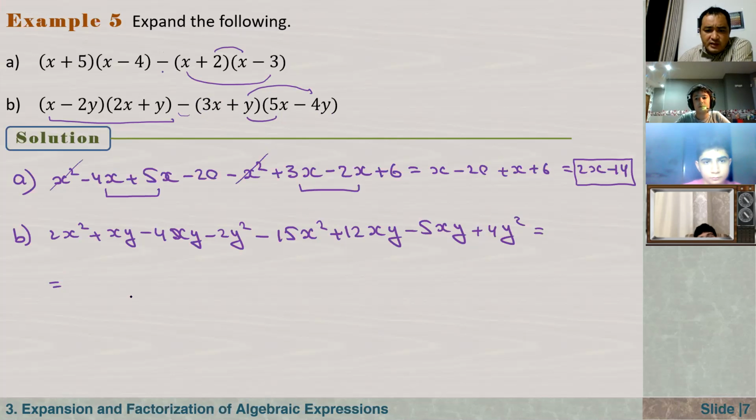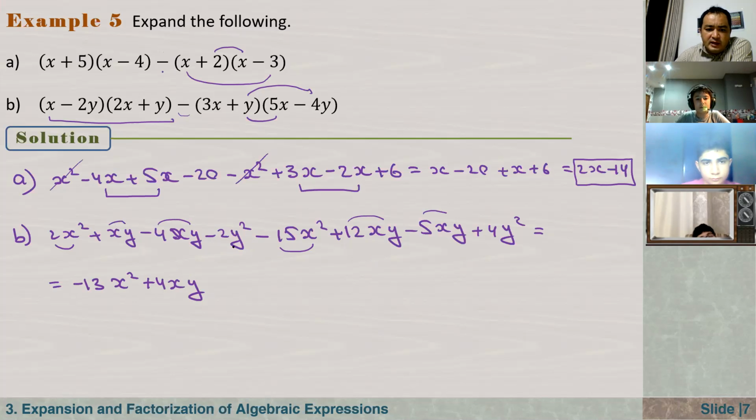Okay, so now we can simplify this. Here we have 2x squared minus 15x squared, so that is minus 13x squared. How about xy? 1xy minus 4xy minus 3xy, and plus 12, that is plus 9. And minus, so that is plus 4xy.